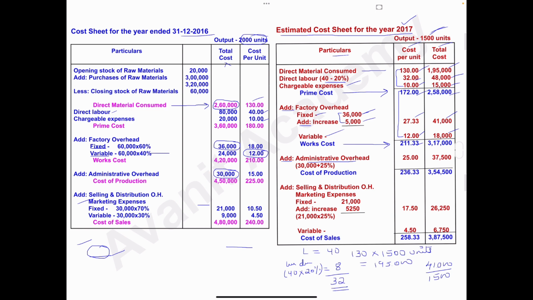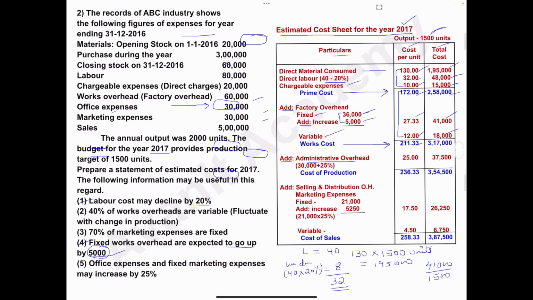See the problem. Read the point number 5, last point. Office expenses and fixed marketing expenses will increase by 25%. So, for the year 2017, the office expenses will increase by 25%.